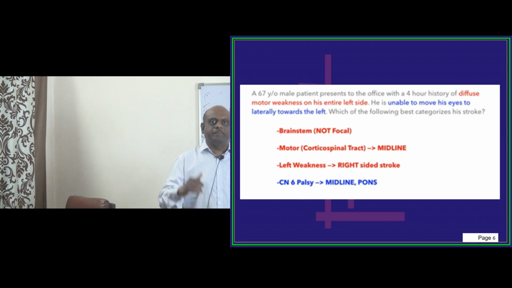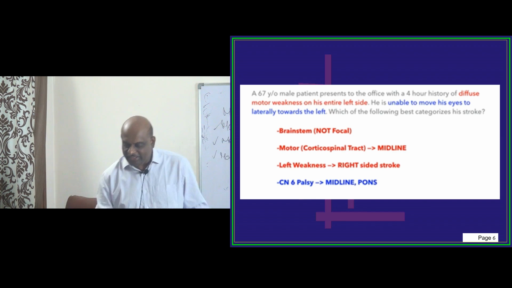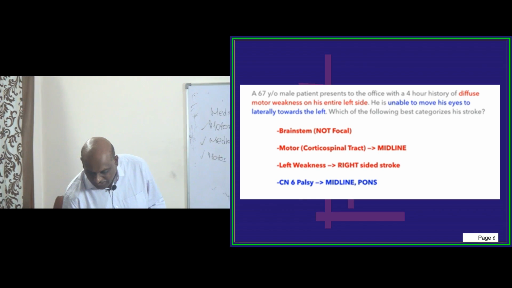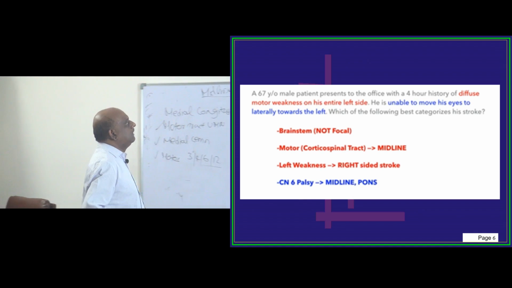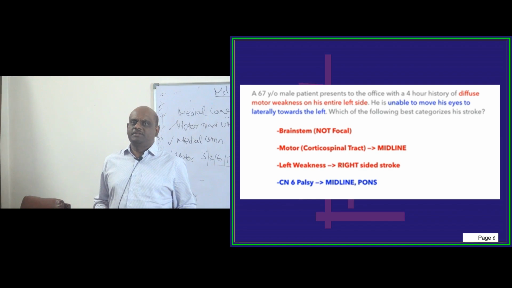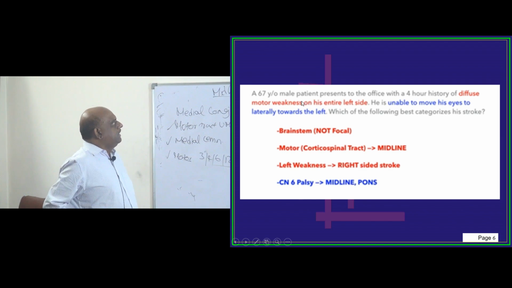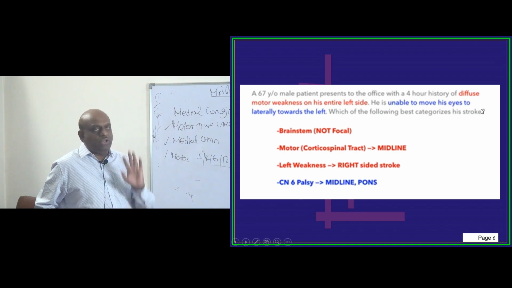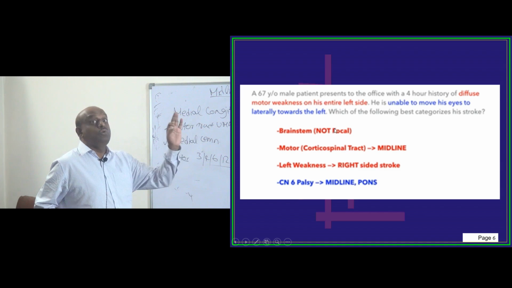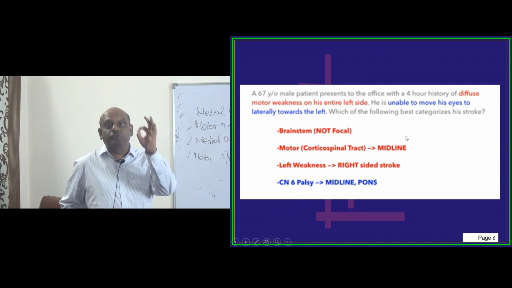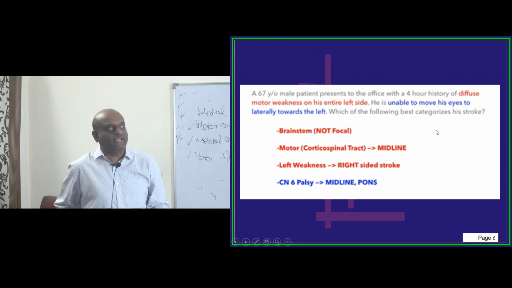Let us take one example so that you can easily understand. An examiner typically gives a question like this in the exam hall. A 67-year-old male patient presents with a 4-hour history of diffuse motor weakness on the left side.